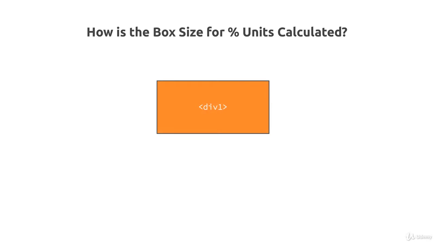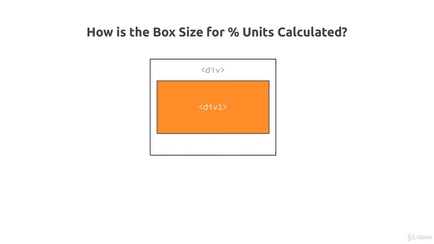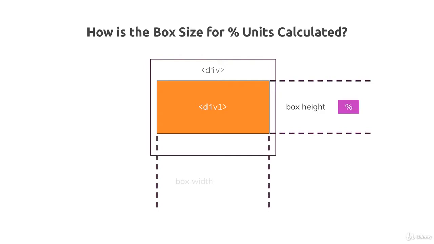You have a div, this can have a padding and a border like here. And this div is normally nested into another div. This could be the body element, this could be another parent element, anything like that. Well, and now the question is, of course, this box height right here as a percentage value and this box width right here also as a percentage.